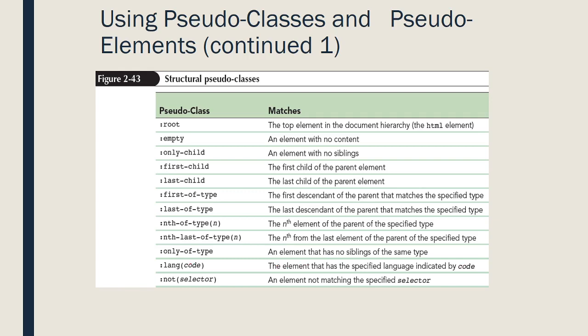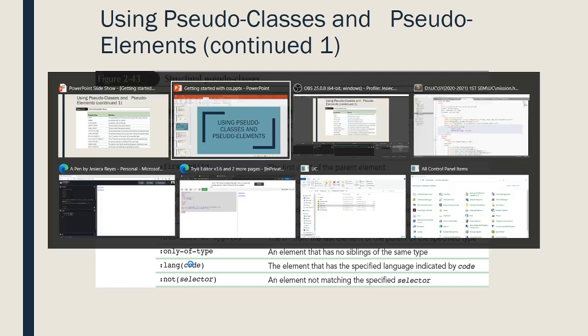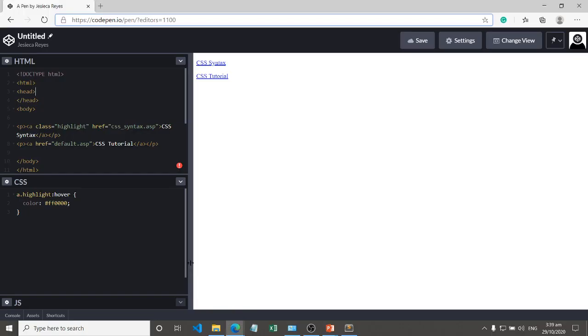Now, let us have a sample of this one. So we will be using codepen.io to show our pseudo classes.